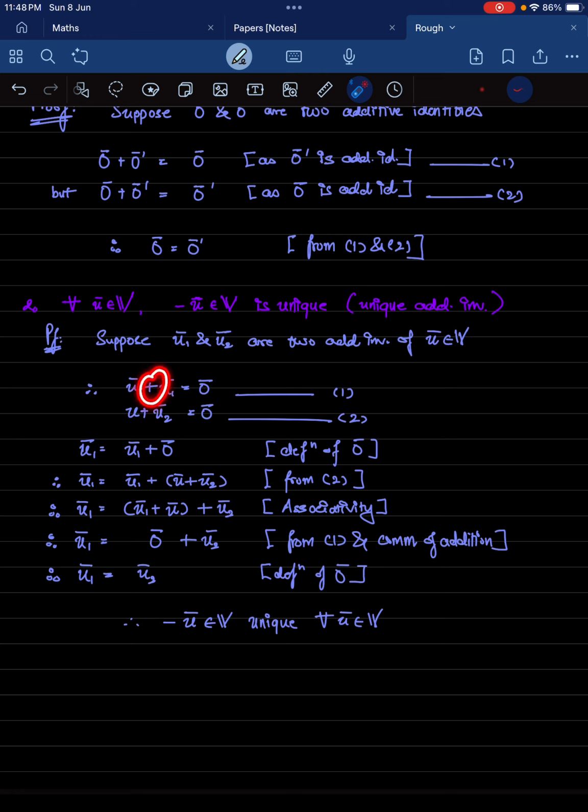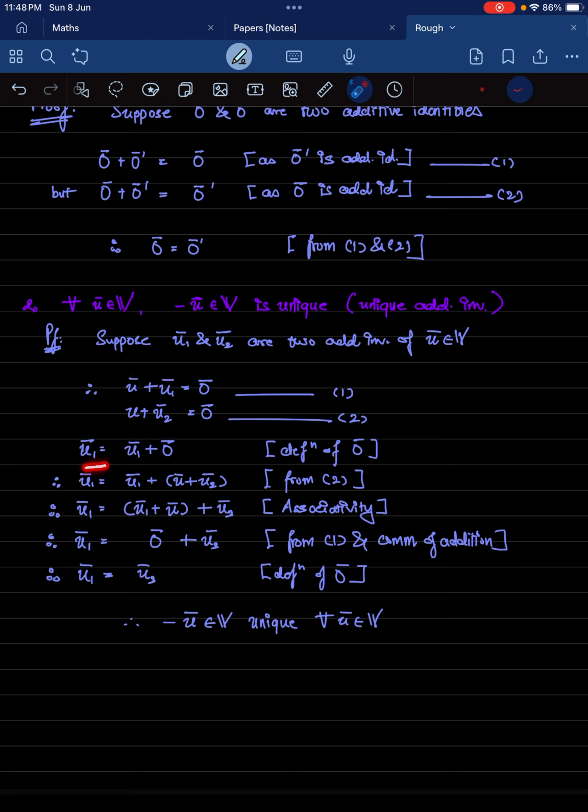Although this is not the addition for scalars, which are fields, this is vector addition, nevertheless the logic or the concept that we use remains the same. So suppose there are u1 and u2, which are both additive inverses of the vector u. Those two, when added to u, will be 0. That's what this step is about.